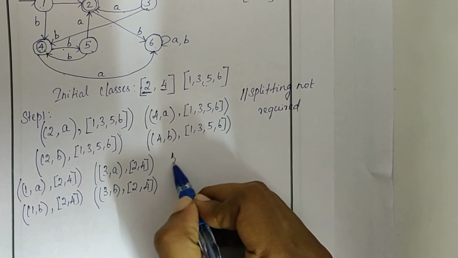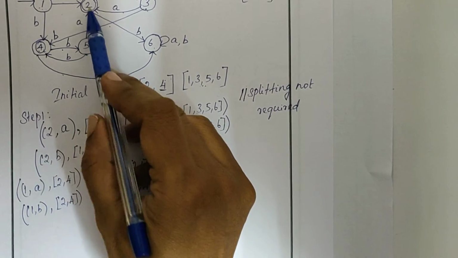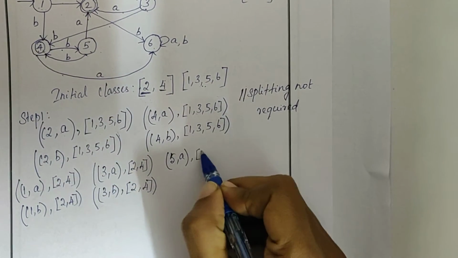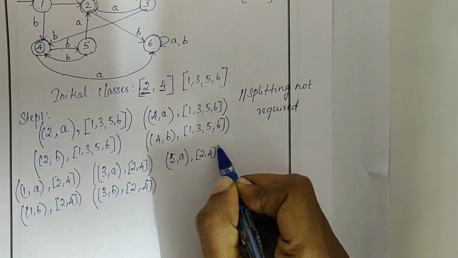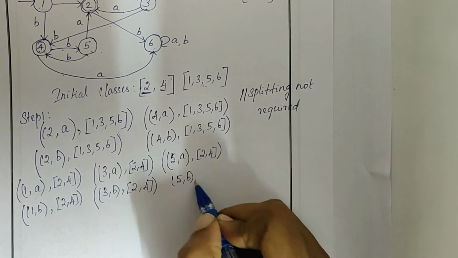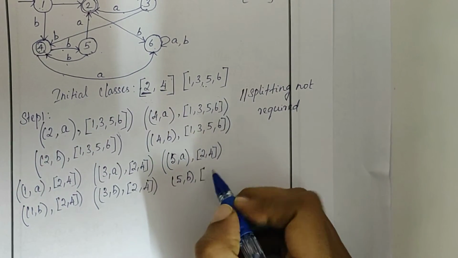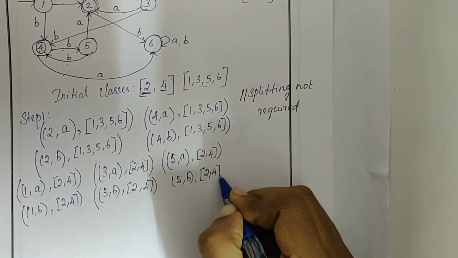Next 5 comma A, 5 A, it is moving to 2, class is 2 comma 4. Next 5 B, 4, so it is 2 comma 4.